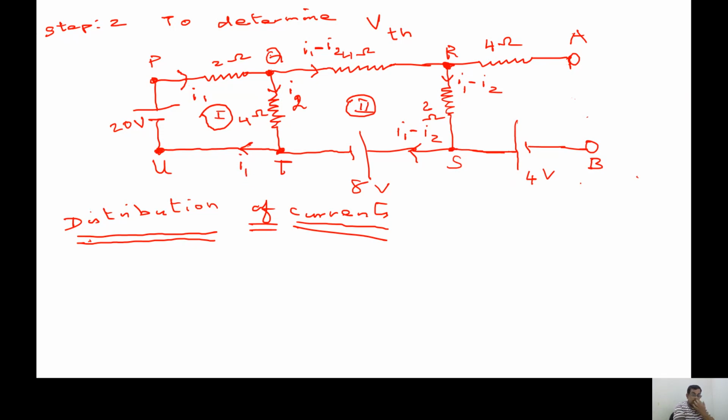Now we have distributed the currents. Remember, there won't be any current flowing through arm RA because the loop is not closed. SB, same problem, B is open, therefore there won't be any current.